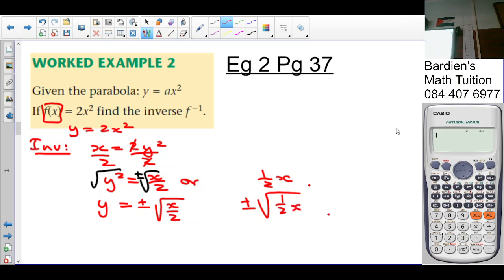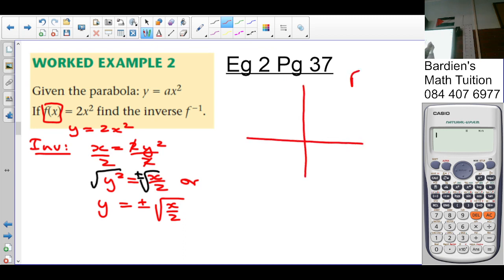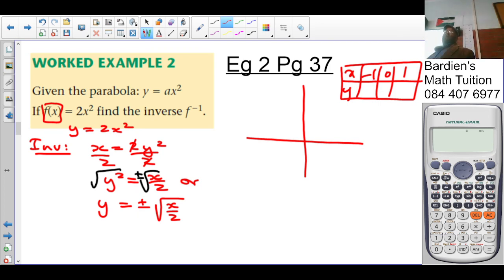Is that inverse a function? Remember, what type of function is f of x to start off with? The parabola. If I draw this graph, I just take key points here. x, y, I always go minus 1, 0 and 1. What would y be if x is minus 1?